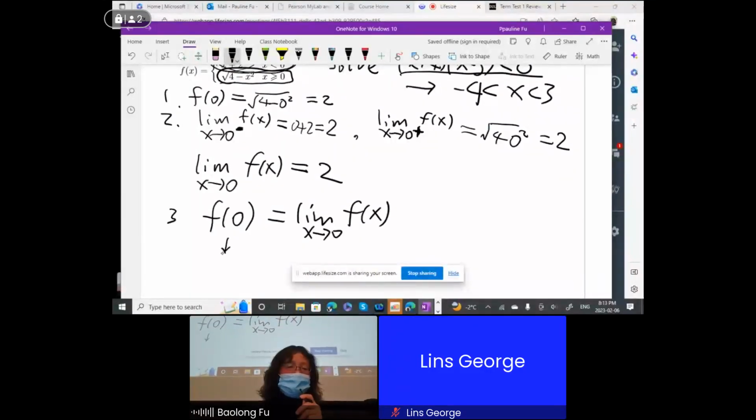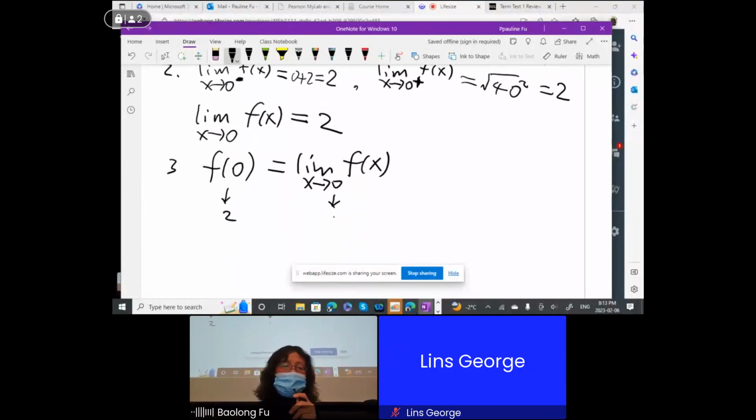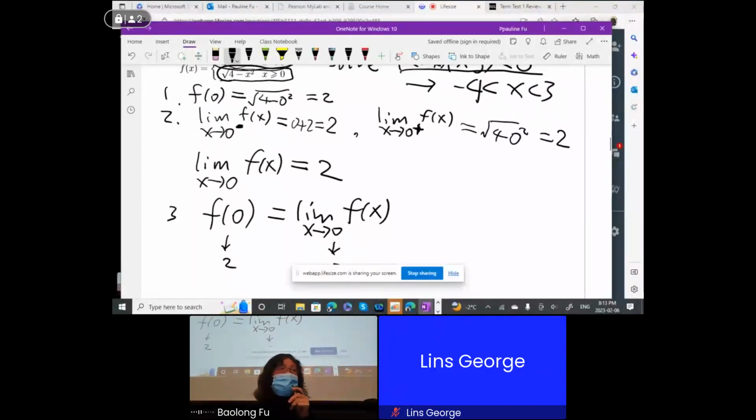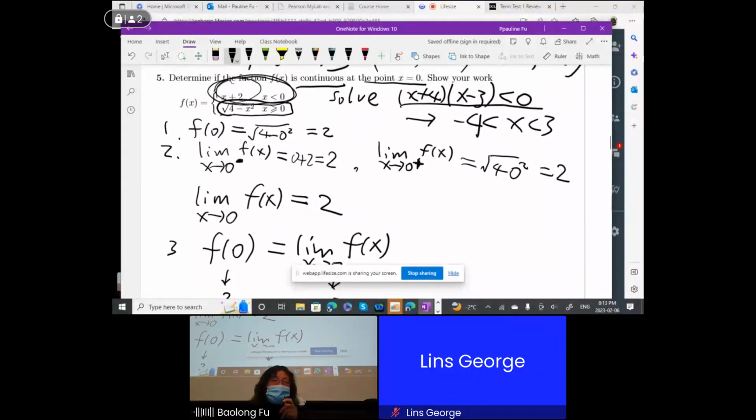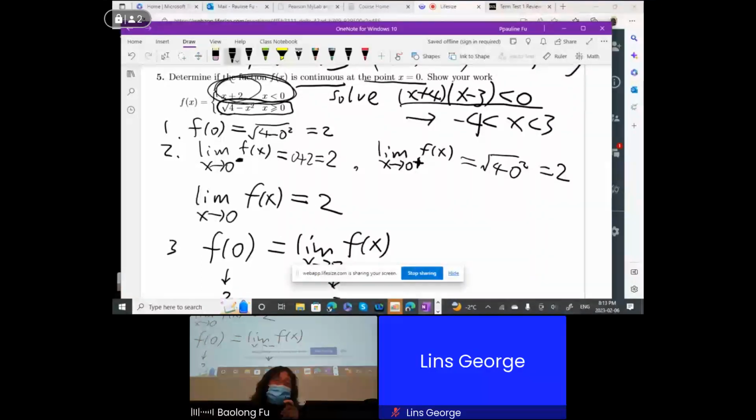Because f(0) is 2, and the limit of f(x) when x goes to 0 is also 2. Only when you follow these 3 steps, then you conclude f(x) is continuous at x equal to 0.